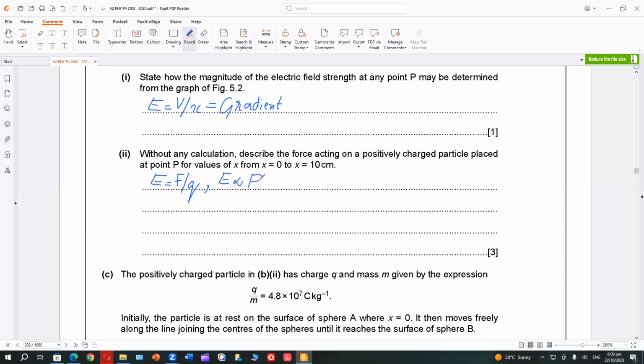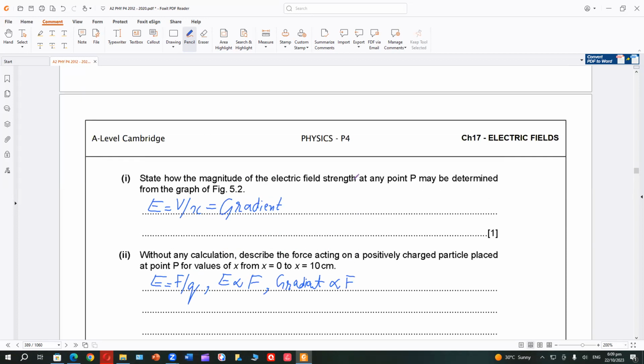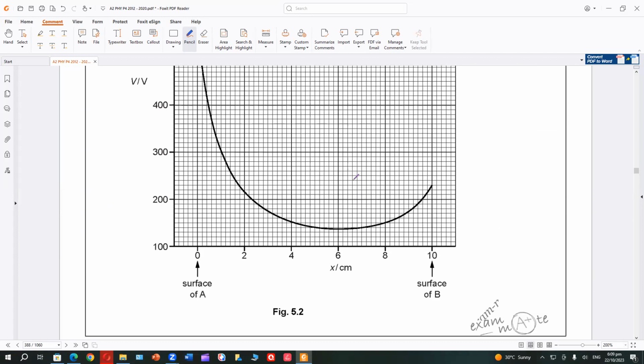And it means that I can say here that the gradient is directly proportional to the force.